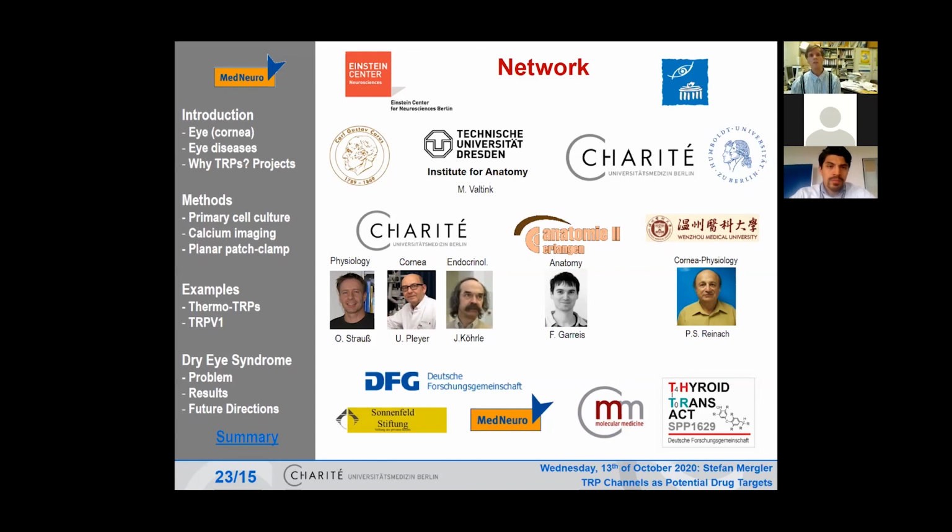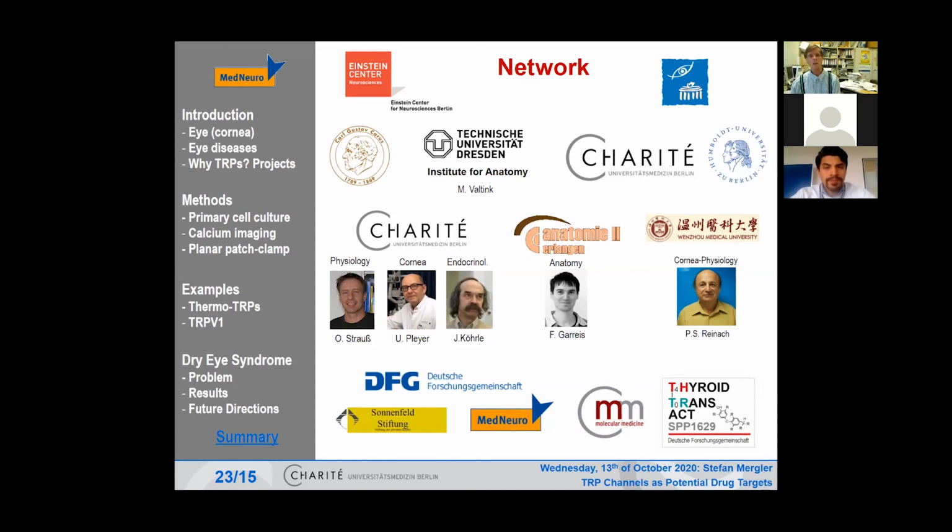So far, there is no artificial cornea available, in contrast to retina. There's a project from Tübingen developing a so-called retinal implant project, which was supported by the German government. But so far, it is very difficult.